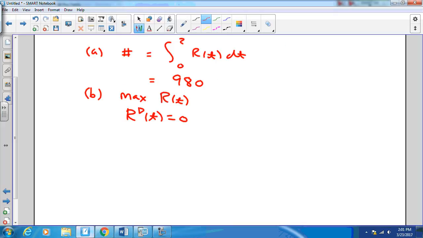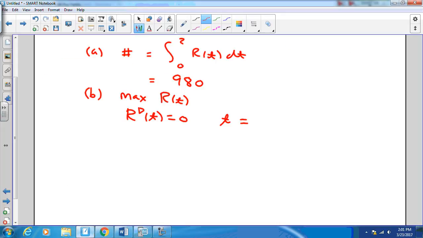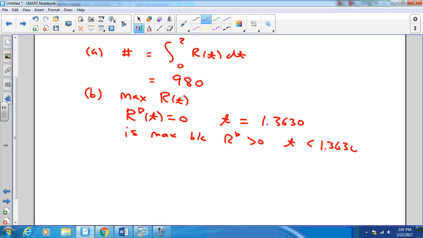So coming back to here, we can take this calculator graph and immediately solve that equation, t equals 1.3630. We can justify it is a max because r prime is positive for t less than 1.3630, and r prime is negative for t larger than 1.3630.